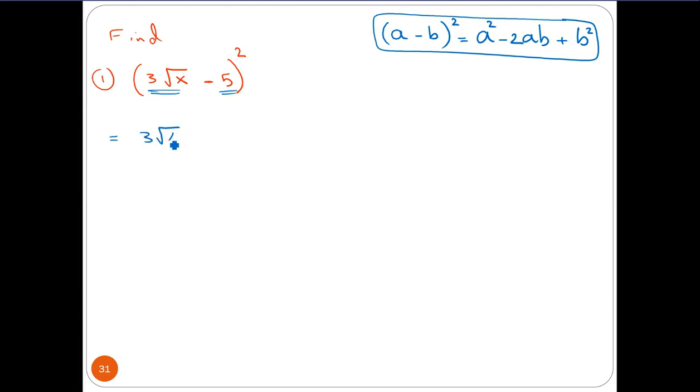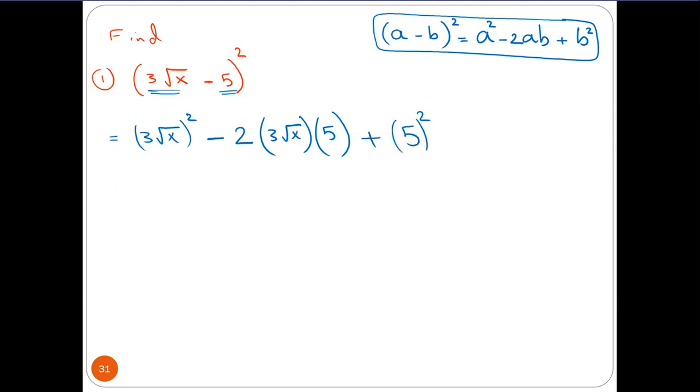3 radical x all square, we square the first, minus 2, from the law, 2 times the first term 3 radical x times the second term which is 5, plus the square of the second which is 5 square.